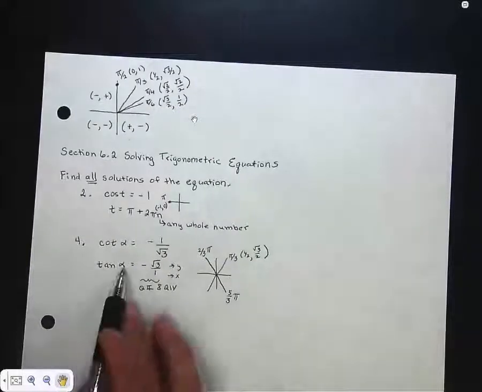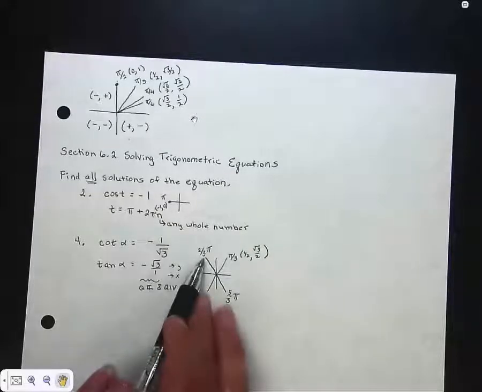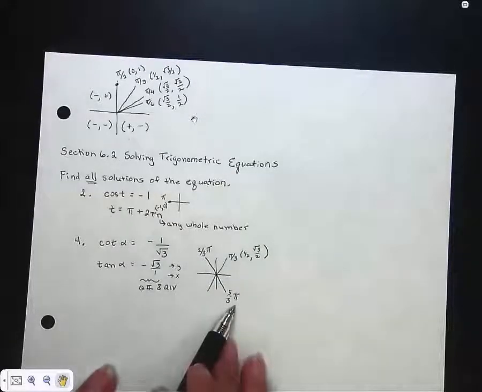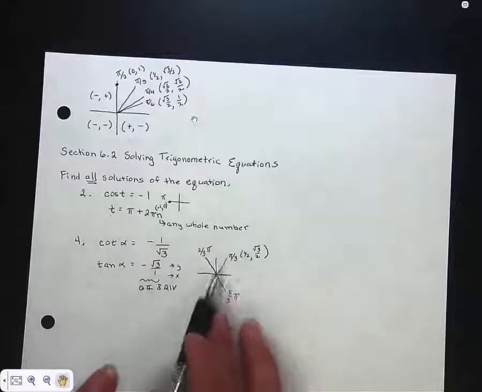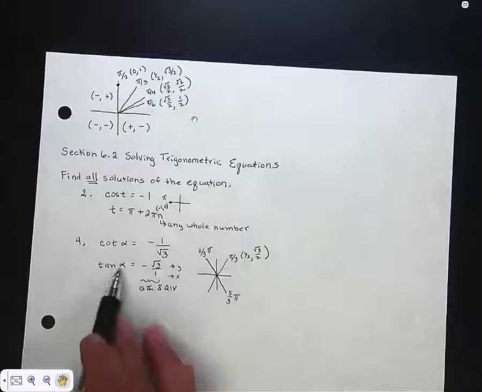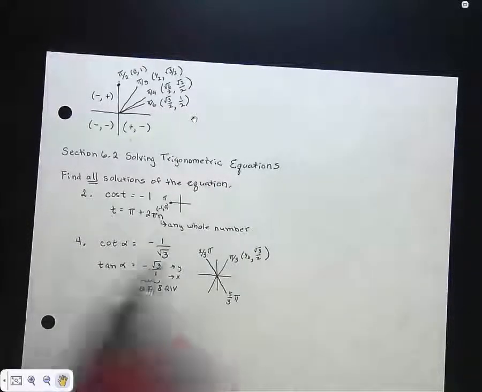So tangent alpha would be negative square root of 3 at 2/3 pi and at 5/3 pi. It would be positive square root of 3 here and here, but we want the angles whose tangent is negative square root of 3.